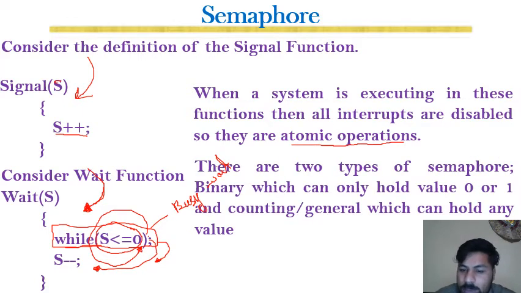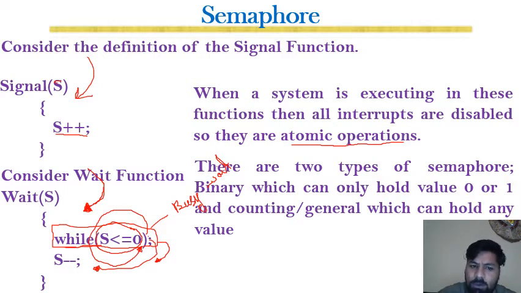Similarly, there are two types of semaphores. We'll discuss both of them. One is called binary, which can hold only the values 0 and 1, and the other is counting, that is general semaphore, which can hold any value. So we have two types of semaphore.